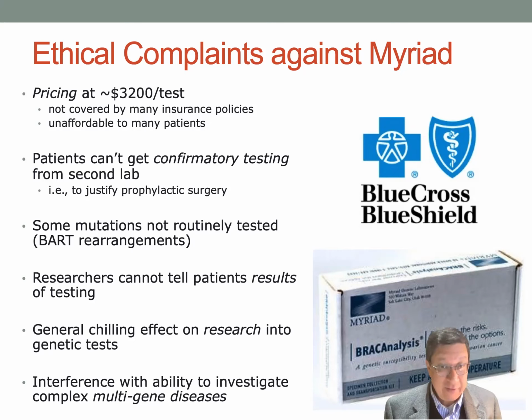The patient instead would have to go to Myriad if they wished to get that information. As a result, research in general was found to be chilled on genetic tests, and as the science advanced, it was found that there were impediments to multi-gene testing as more and more diseases and health conditions were linked not to single genes, but to multiple genes.